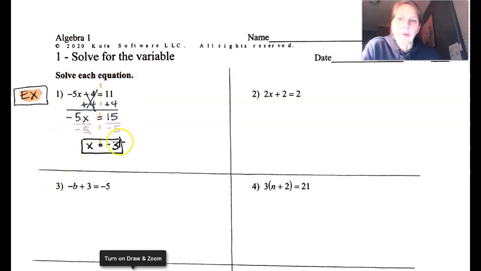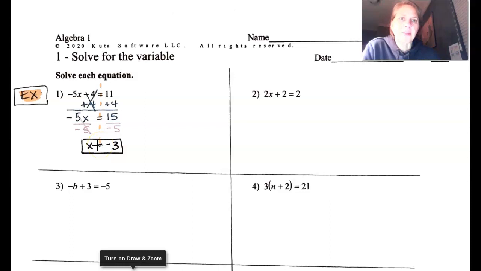So you have the example right here of something that we've done already, where I've taken negative 5x minus 4 equals 11. And what we did is we need to balance the equation. So the first thing I did was I drew this line, sort of a dotted line down here. And the dotted line is representing where the equal sign is. You can actually see that there are 3 equal signs there.